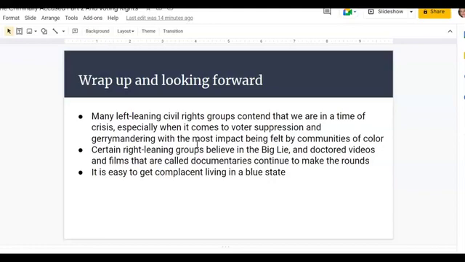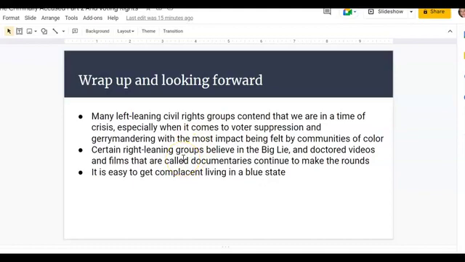So in states like Massachusetts and most New England states, it's not a concern because we're such blue, liberal, left-leaning states. But in other states that are historically more right-leaning, like if you were to look at a map and see what states were part of the Confederacy in the Civil War, those are the types of states where we're seeing more and more laws that many allege are restricting voting rights, especially for communities of color.